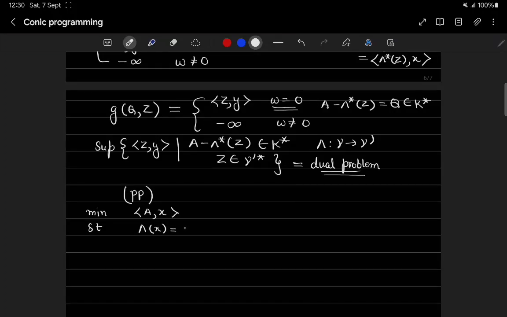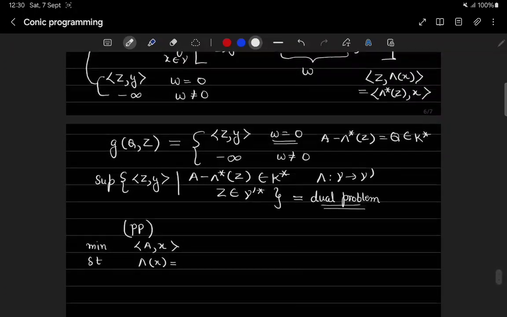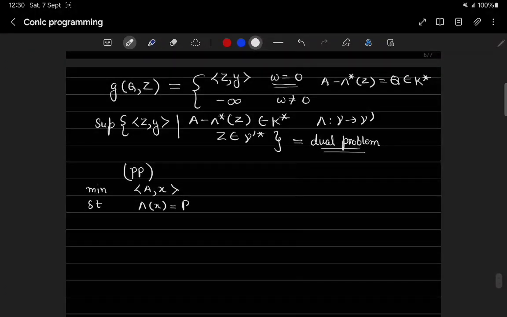Let me see, what was the constraint? Let's suppose the constraint is b and x belongs to k. Then the dual problem is maximization of y with respect to b.